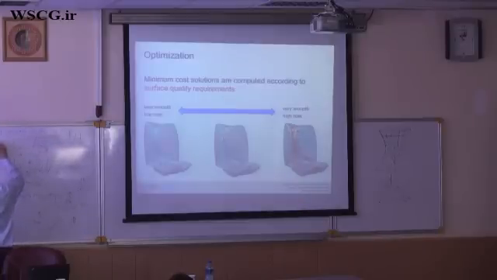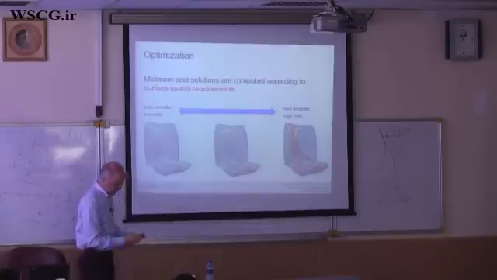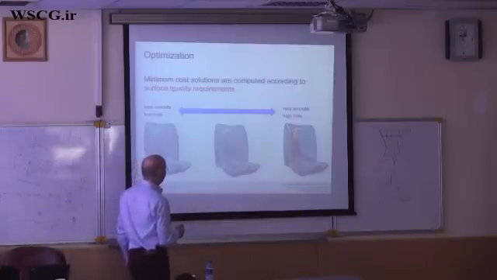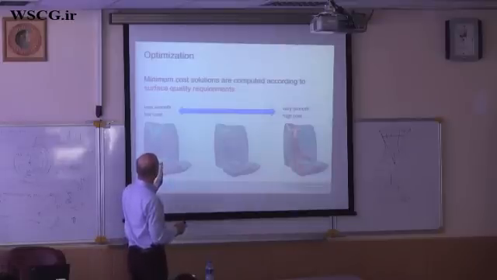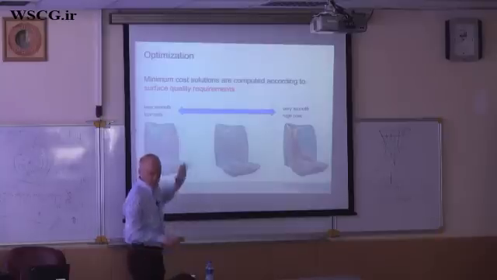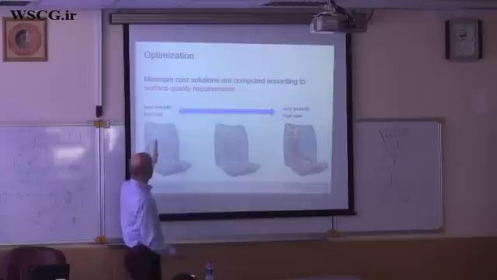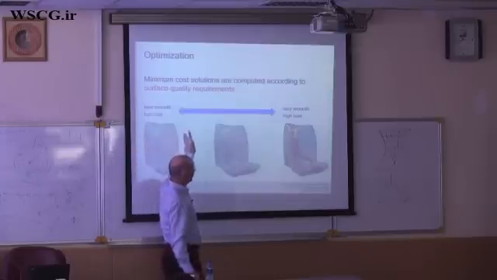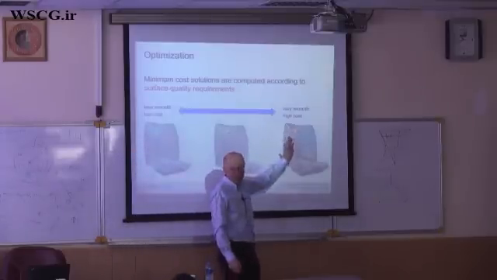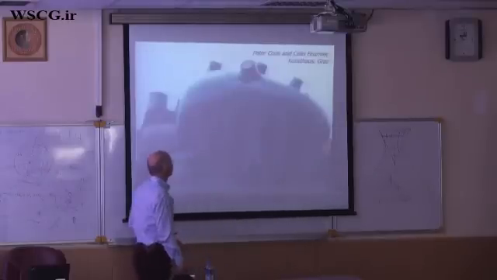SIGGRAPH 2010. And there we have an optimization, an algorithm that allows you to switch between a less smooth realization, so say with stronger kink angles, but a low cost, and let's say a very smooth one, which has, of course, higher cost. It is clear that the higher quality has higher cost, so this is obvious.